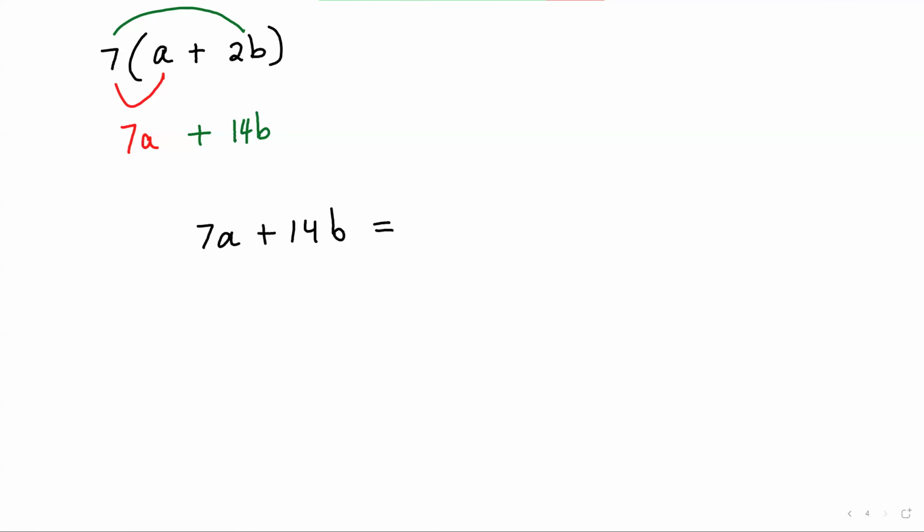So if I had to factorize this, I would take 7 on the outside, open brackets, and say, well, 7 into 7a is a, since 7 times a is 7a, and then 7 into 14b is 2b, because 7 times 2b is 14b. So this week we're looking at going from the expression to the factorized form. That's what we're going to look at today.